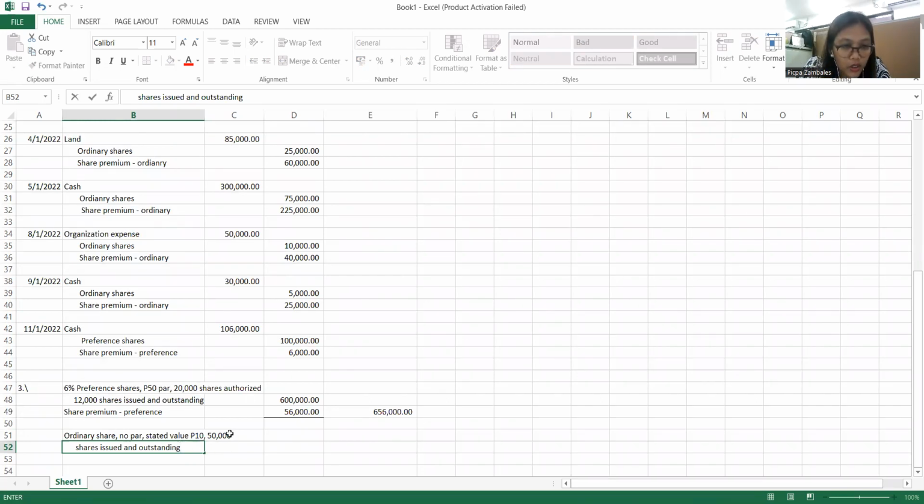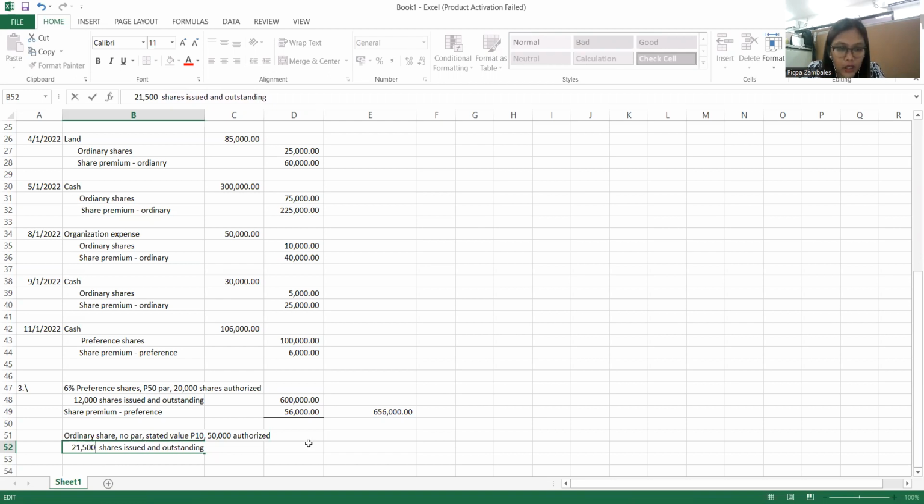Sorry. 50,000 authorized muna tayo. I forgot the authorized. Authorized shares. Then issued is, let's count. 10,000 plus 2,500 is 12,500, plus 7,500, that's 20,000, plus 1,000, 21,000, plus 500, 21,500. Okay. I hope you can still follow, no? It's 21,500 shares issued and outstanding.